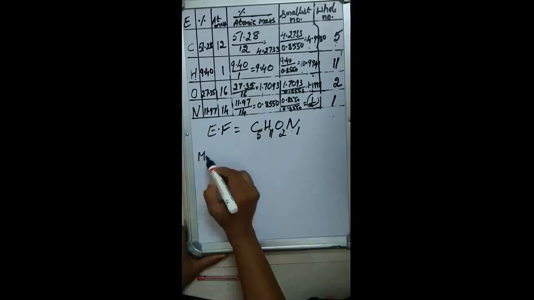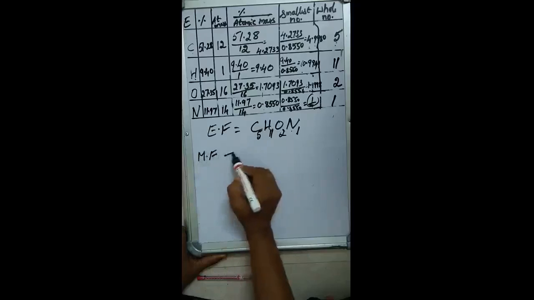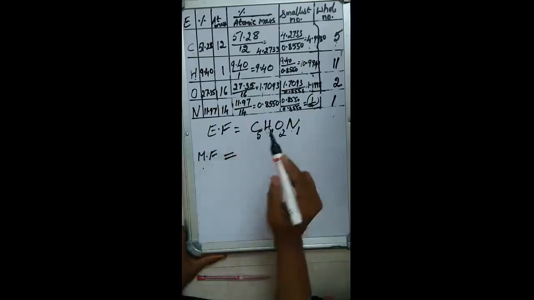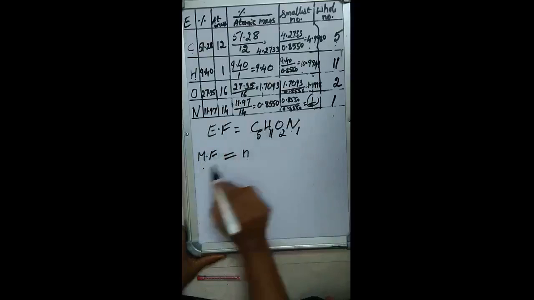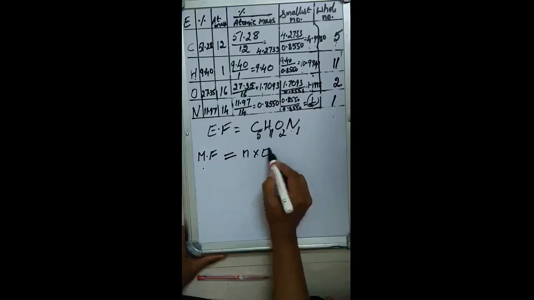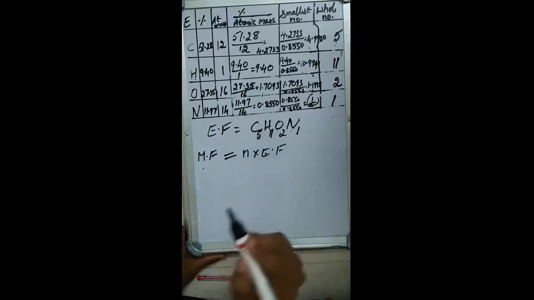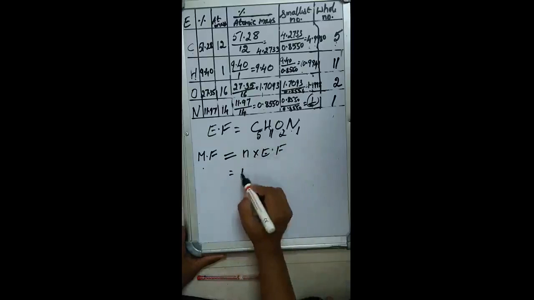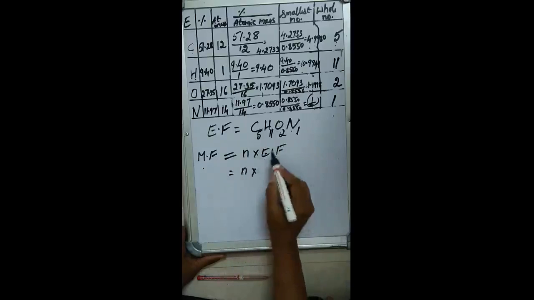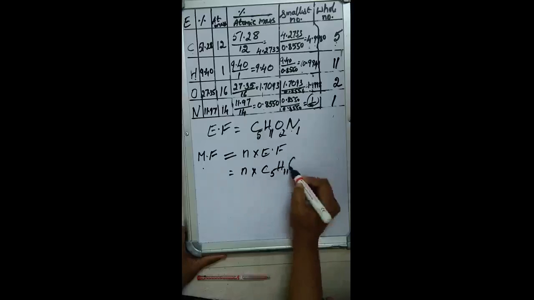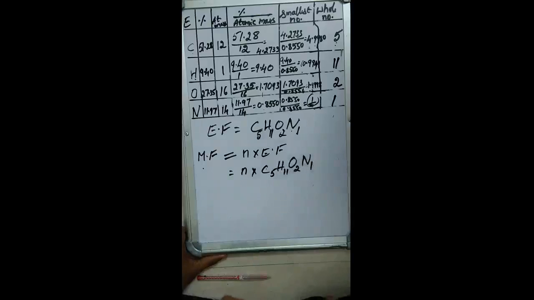Next, you have to calculate the molecular formula. What is the relationship between molecular formula and empirical formula? Molecular formula is equal to n into empirical formula. Here n I don't know; empirical formula is already calculated: C5H11O2N1.